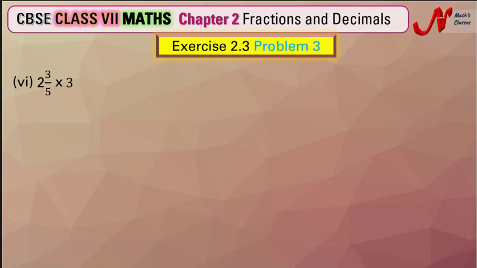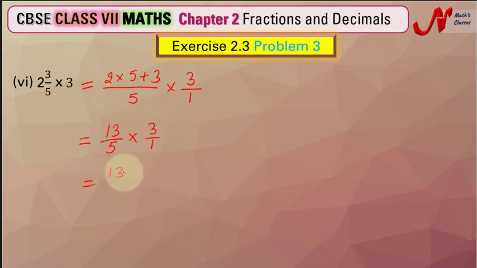Now we solve the sixth bit of problem 3. Here 2 3 by 5 into 3 is given, which can be written as (2 into 5 plus 3) divided by 5 into 3 by 1, which is equal to 2 5s are 10 plus 3, 13 by 5 into 3 by 1.